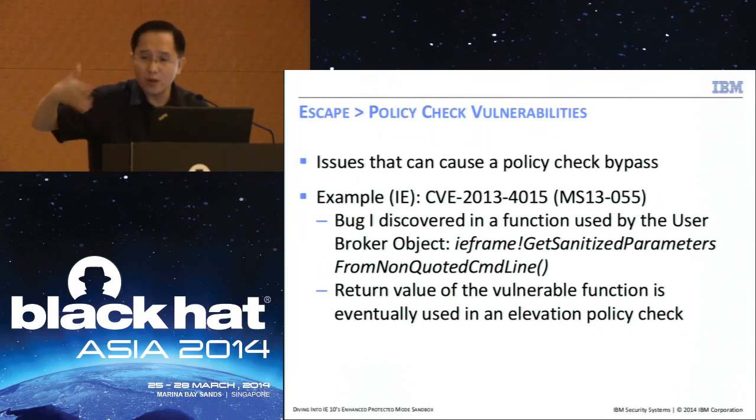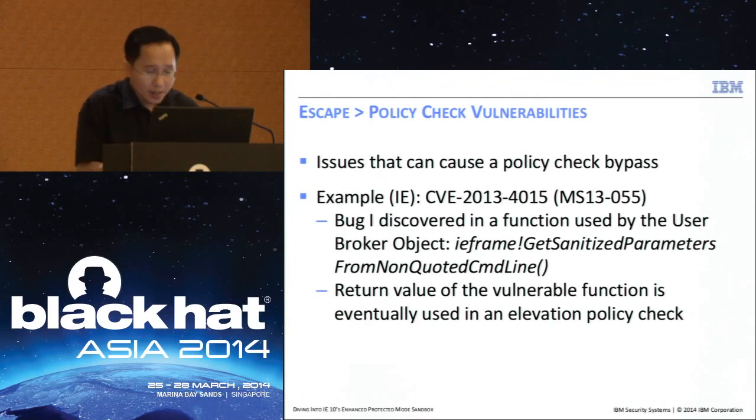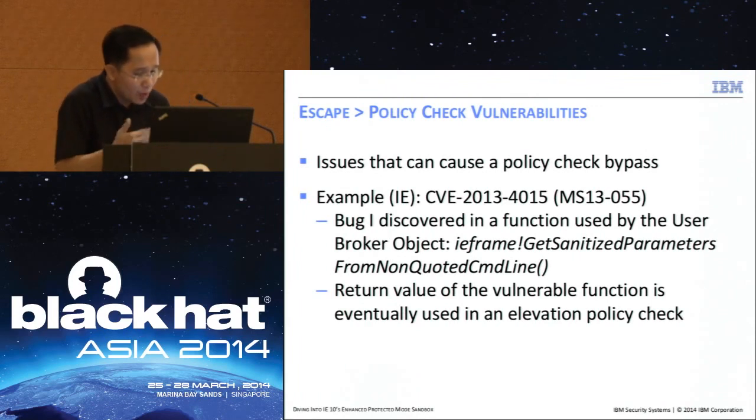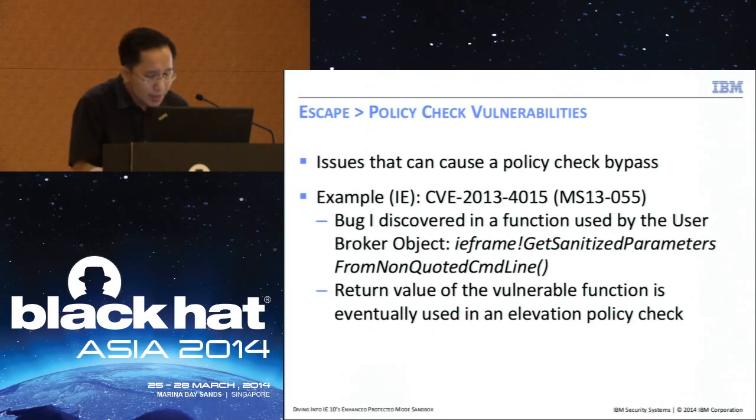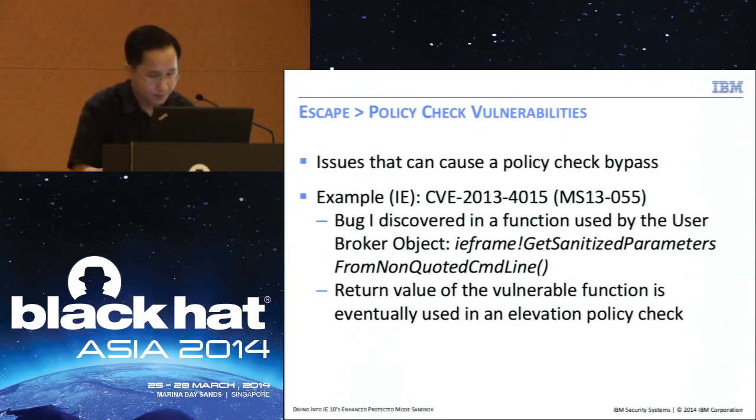And this time I got lucky. I found a bug that allowed me to launch an executable in Medium without any prompt. The bug was in a command line parser, whose result is eventually used in an elevation policy check.